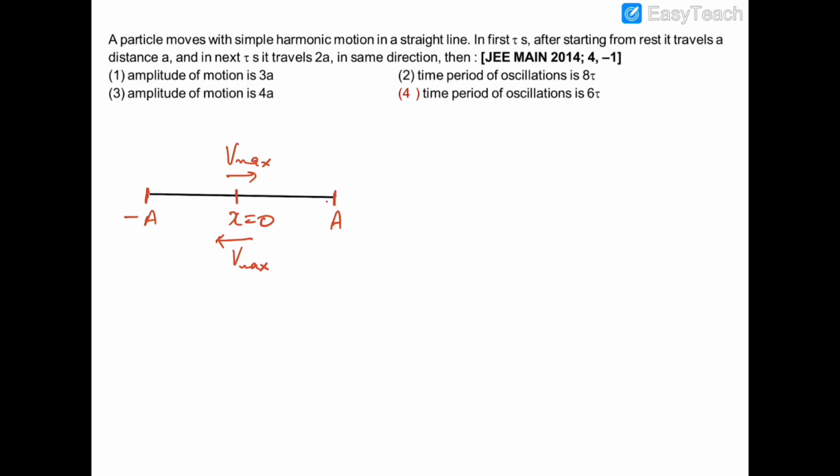Its velocity would be maximum even if it is starting from the mean position at t is equal to 0. But at extreme positions, the velocity of the particle is 0. Therefore, we can say that the particle in this case is starting from one of the extreme positions. So let's suppose that the particle is starting from this position A.